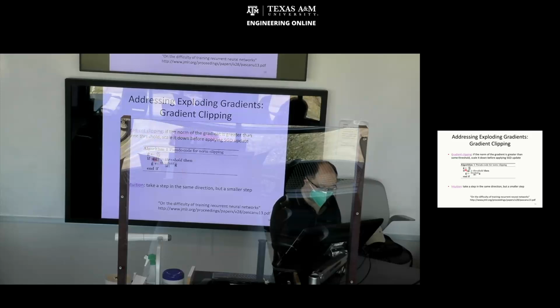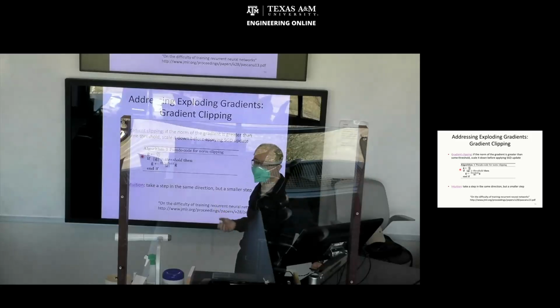So for instance, you have calculated this gradient. Remember, this is the stochastic gradient. Last time we talked about gradient descent, stochastic gradient descent, mini batch stochastic gradient descent, and then in addition, we talked about momentum and other ideas that led to Adam.